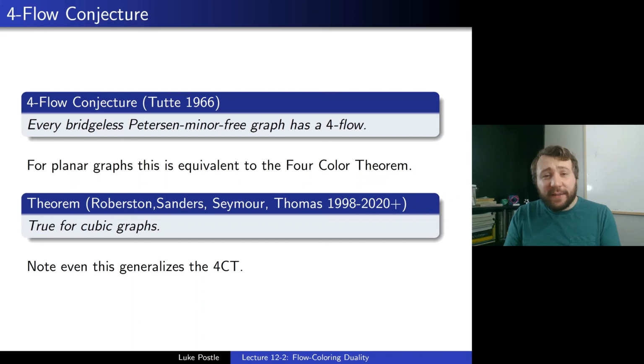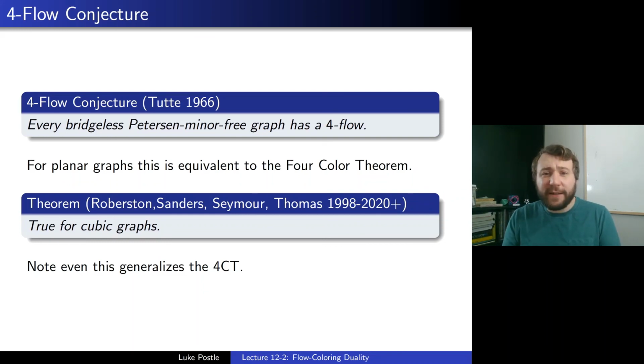Because it suffices to prove the 4-color theorem for triangulations, which are dual to cubic graphs. So it turns out the 4-color theorem is equivalent to proving every cubic graph has a 4-flow or equivalently a 3-edge coloring, and this is really generalizing it to say every cubic Petersen-minor-free bridgeless graph has a 3-edge coloring. So quite nice.